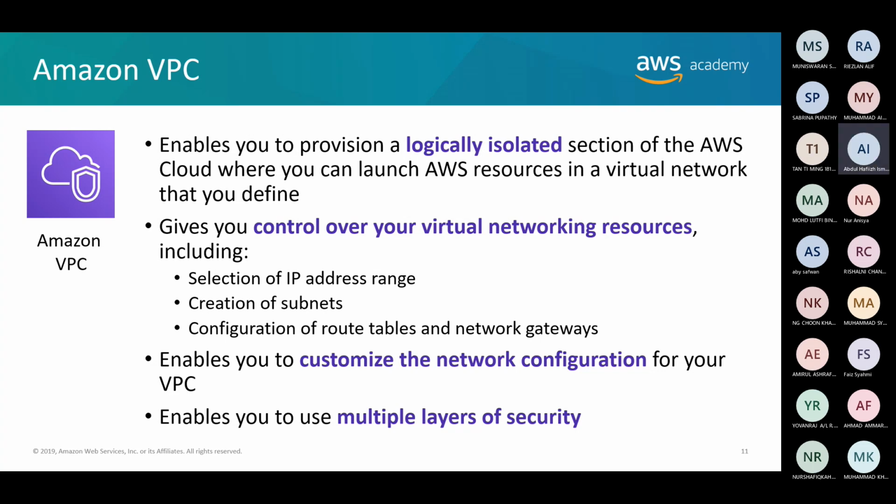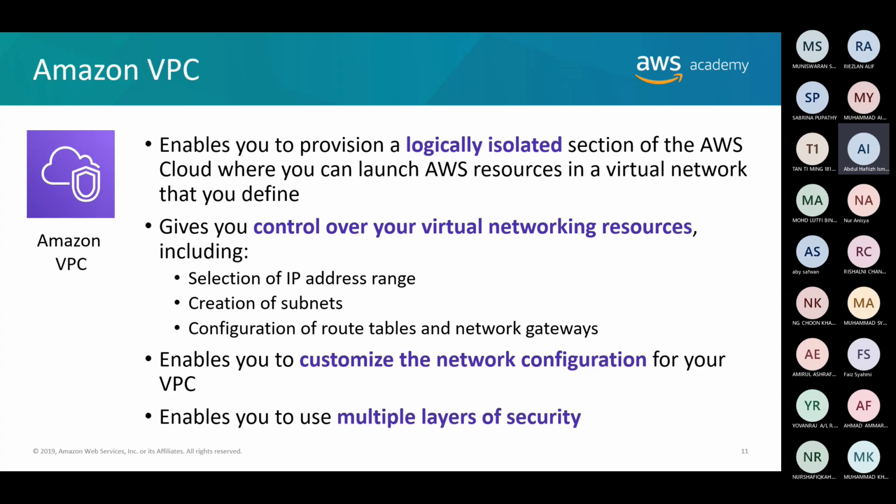So Amazon VPC gives you control over your virtual networking resources, including the selection of your own IP address range, creation of subnets, and configuration of route tables and network gateways. You can use both IPv4 and IPv6 in your VPC for secure access to resources and applications. You can also customize the network configuration for your VPC.